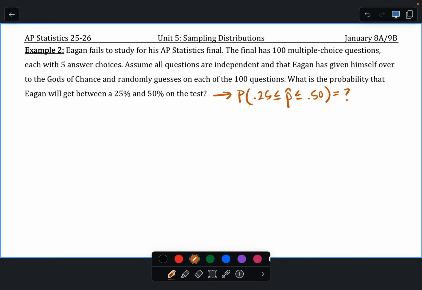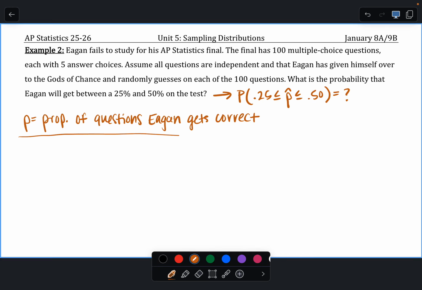And so just to go through the steps that we've already listed, my P is going to be the proportion of questions he gets right. And if it's helpful to you and you're a spatial person and you like blocking it in your mind already, you can always come in and say, okay, that's my step 1.